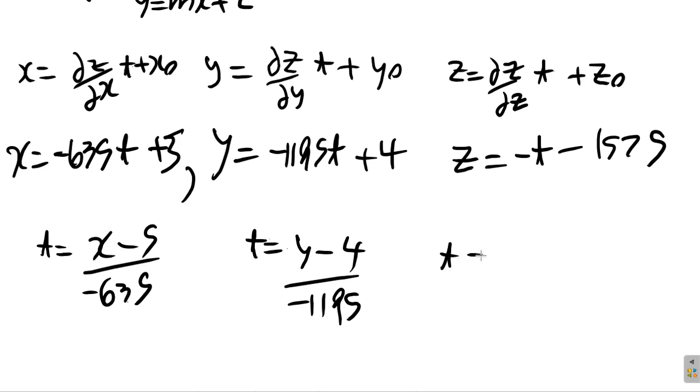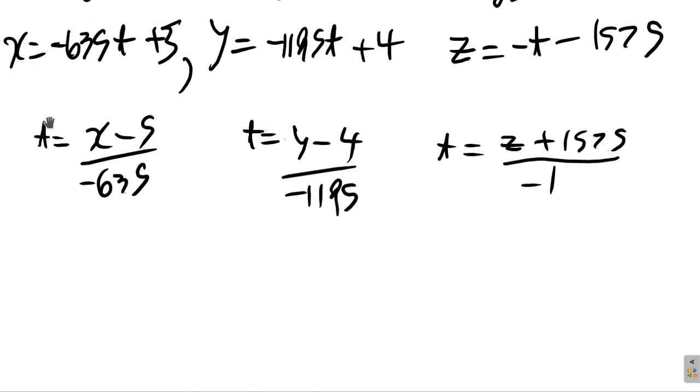And in this case, well, negative t is equal to z plus 1575. But if you want it to be t, you could consider these to be over -1, right?